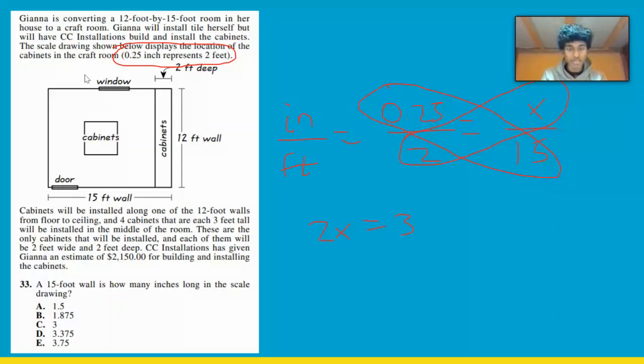And this question is calculator, so you could use a calculator. And then dividing both sides by 2, you get that x is equal to 1.875 inches. So our answer is B.